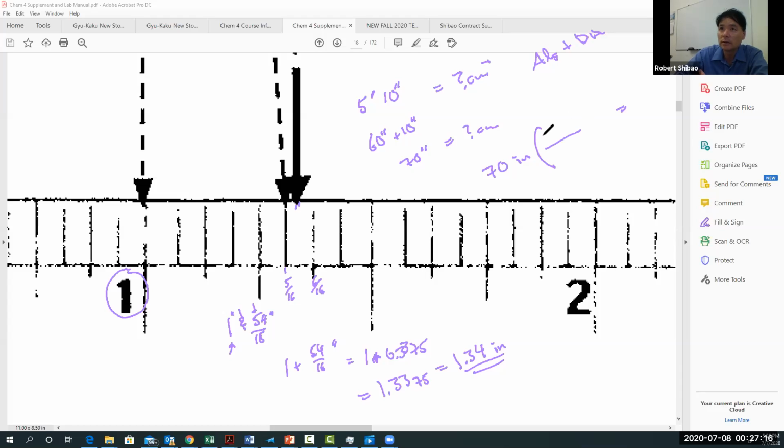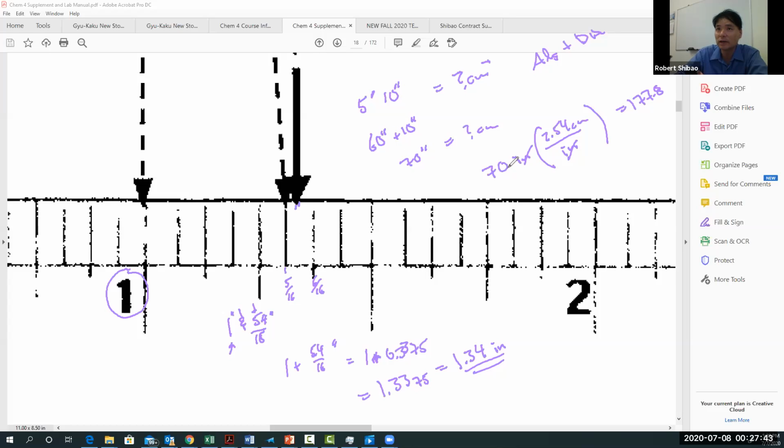And then it's 2.54 centimeters per inch. And so this is dimensional analysis. We look at the dimensions, which are the units. Inches cancel out inches, that leaves us with centimeters. And so that's 70 times 2.54, which means I am 177.8 centimeters. Now, how many sig figs am I allowed?